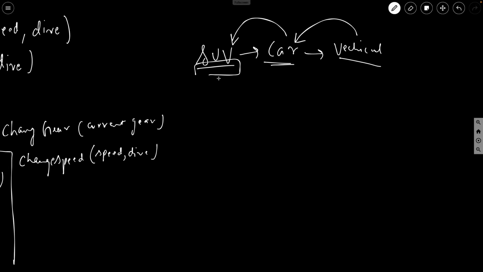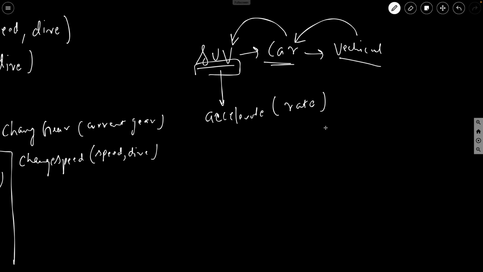The SUV just has, let's say, one native method, that is accelerate. It is an accelerate method, and here what you have to pass is the rate, at which rate you want to accelerate your SUV.